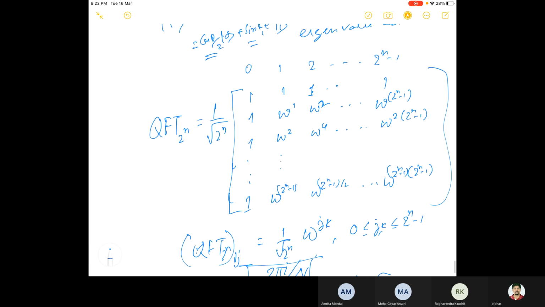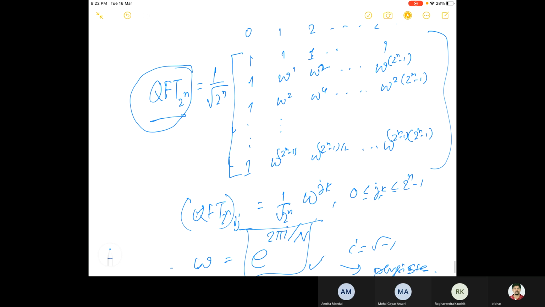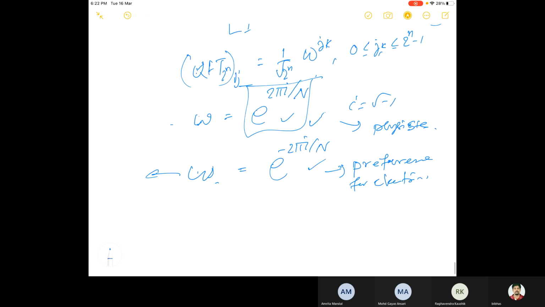Whatever is the quantum Fourier transform for physicists is the inverse quantum Fourier transform for electrical engineers, and vice versa, because this matrix is unitary. The question is what is its inverse, and you will see the inverse is obtained by replacing omega here by omega bar.